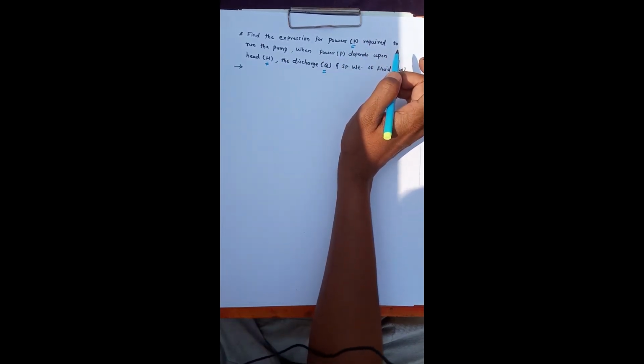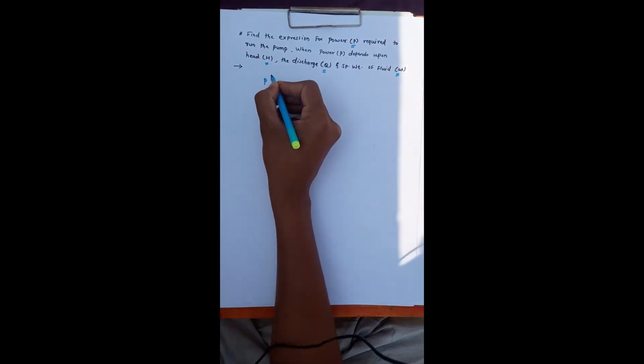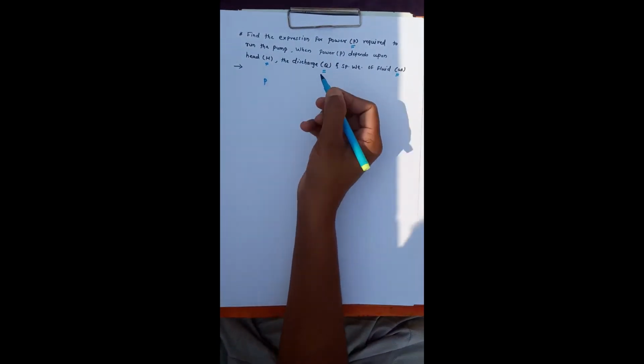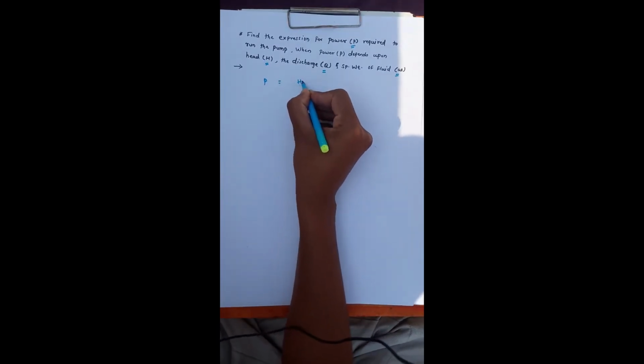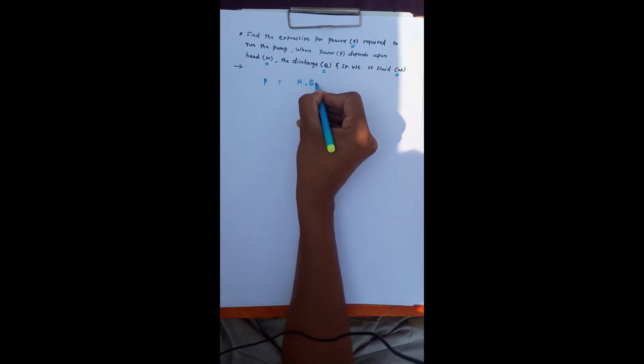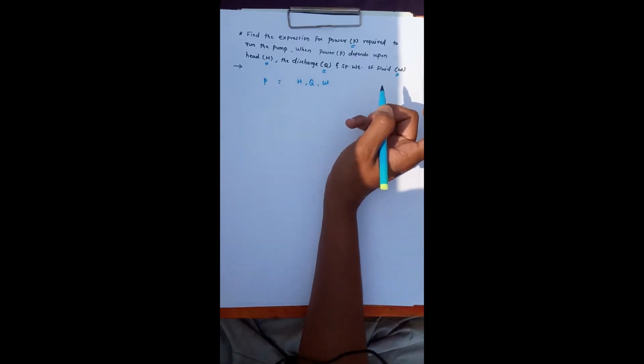Now how to solve this problem? Here, as we know, power is a dependent variable, and the power of that centrifugal pump depends upon the head available at the centrifugal pump, the discharge of that centrifugal pump, and the specific weight of that fluid.